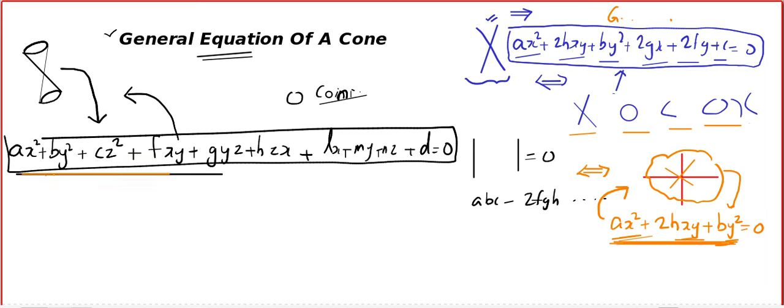Similarly, a general second degree equation in 3 variables can be a conicoid or a cone or a sphere, etc. But a homogeneous second degree equation in 3 variables will always represent a cone with the vertex at the origin.